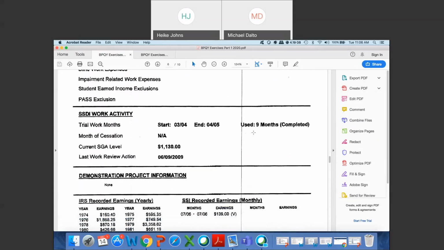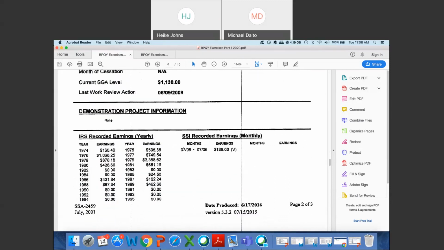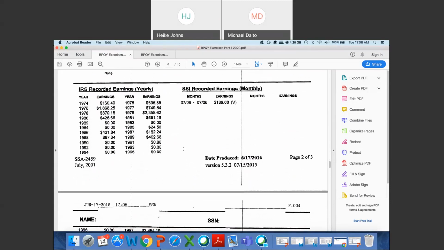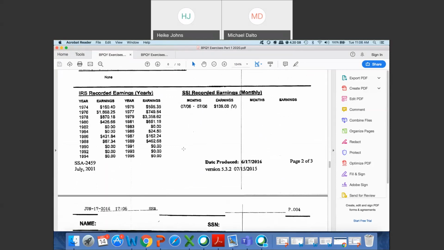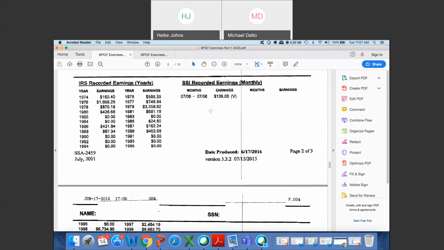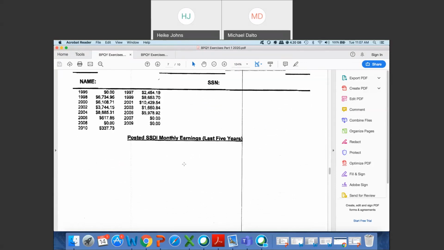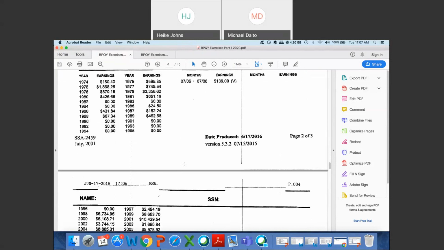This person has used all 9 of their trial work period months. Their last work review was June 2009. They've got IRS recorded earnings going back to 1974. And they've only got 1 month of SSI recorded earnings. There are no recorded earnings for posted SSDI monthly earnings for the last 5 years.